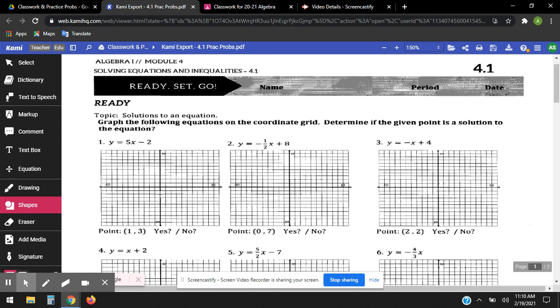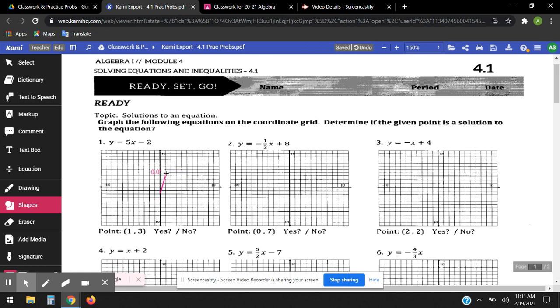Now my slope is a 5, which means it's 5 over 1. Up 5 over 1, right 1. So I'm going to put a dot here and go up 1, 2, 3, 4, 5 over 1. And now I'm going to do it again.